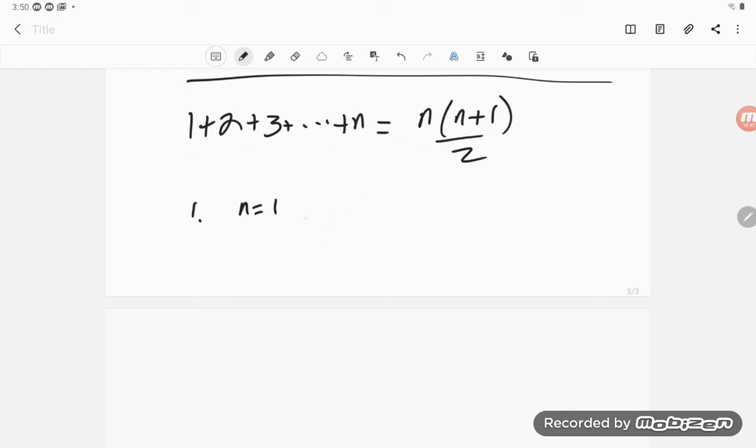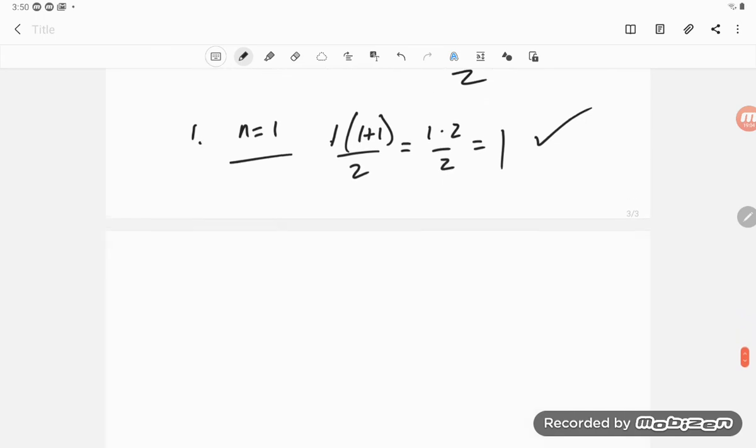So if n is 1, I get 1 times 1 plus 1 over 2, which is 1 times 2 over 2, which is 1. Yay! Check. It works. It's true for n equal 1.